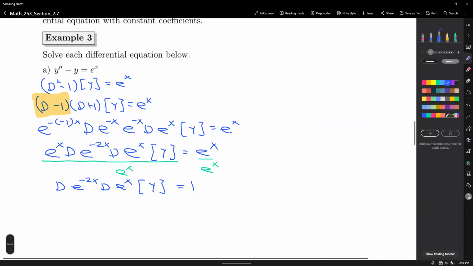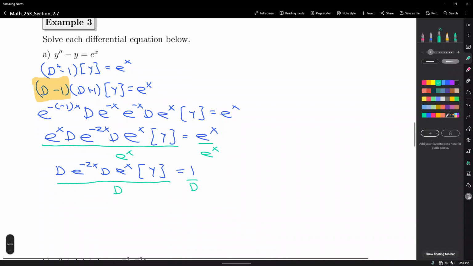The next step is to divide by d. We are eliminating the differential operator by doing essentially the inverse of it. But guys, what's the inverse of the derivative? The integral, right?